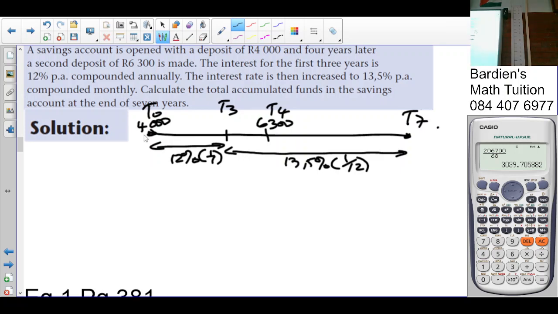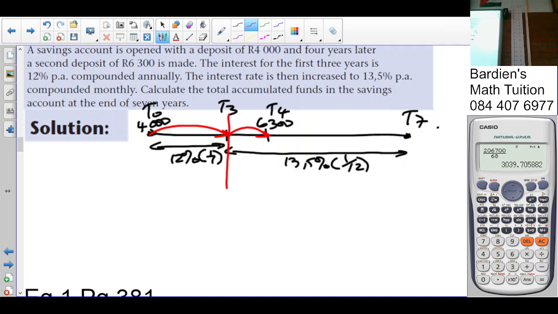Okay. So as you can see here, we can break this up and work out the 4,000 Rand at 12% per annum compounded annually. Then that becomes your principal at this point. Then you change your interest rate and do a calculation for another year.